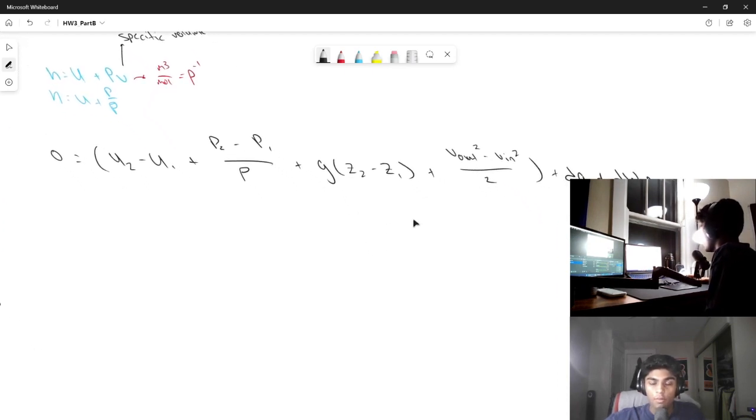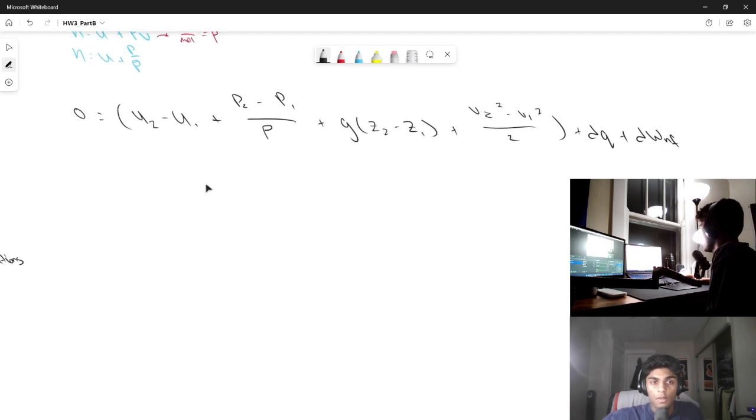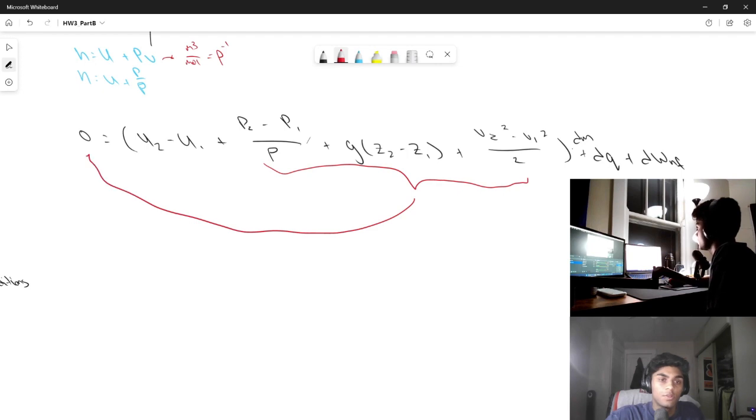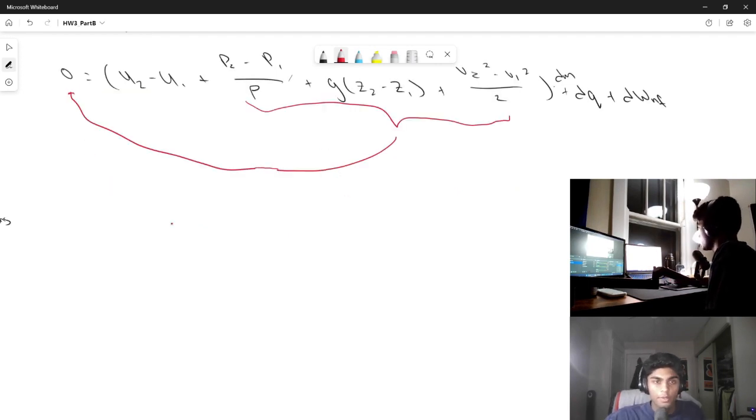Okay, and from here, I'm just going to use numbers for continuity purposes: V2, V1. So now what we want to do, remember, differential mass, we're going to take these terms and move them to this side, and then we're going to rewrite this.